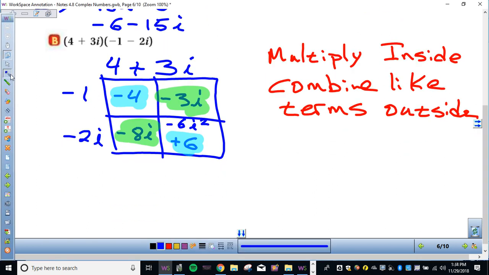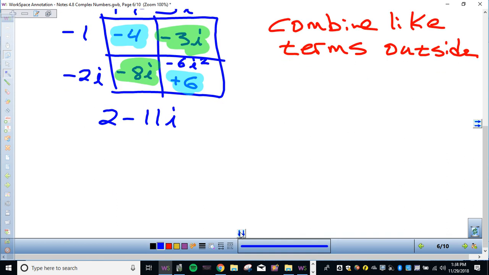So when we FOIL this thing, we get 2 minus 11i. 2 minus 11i. So important to remember the whole multiply inside, combine like terms outside. I'm going to have you try one of these on the whiteboard.